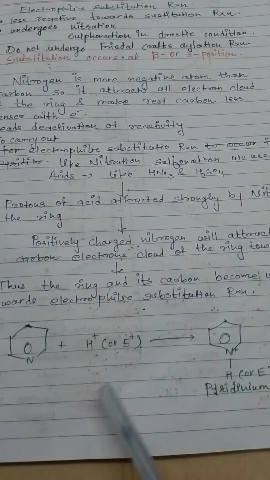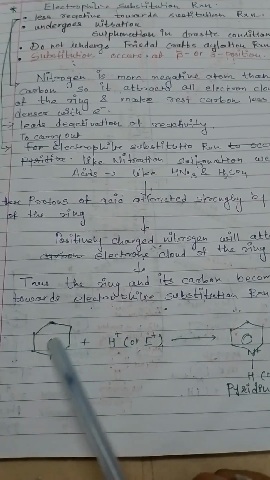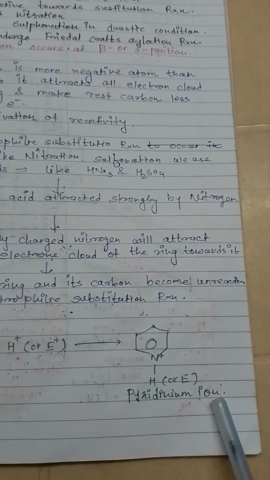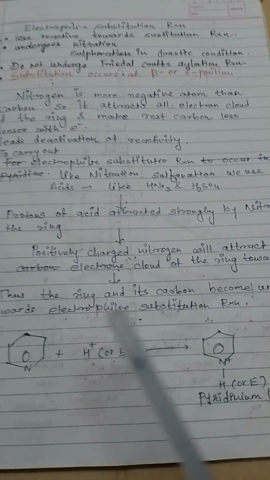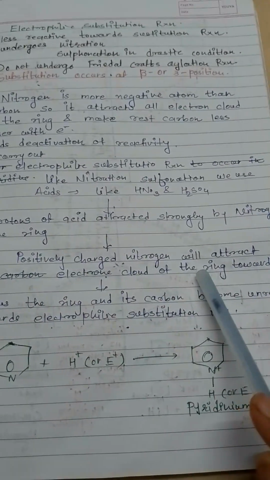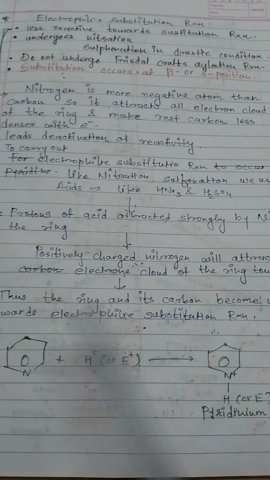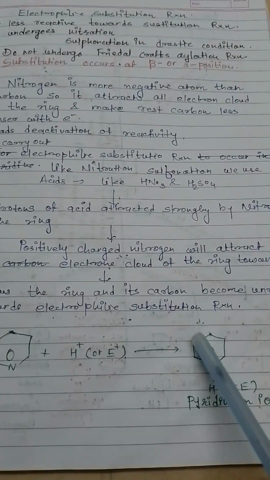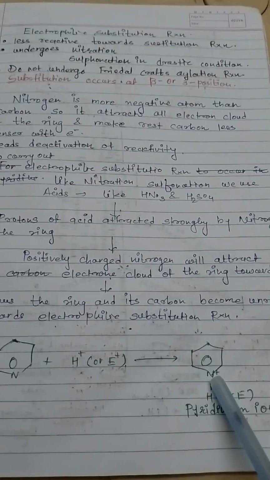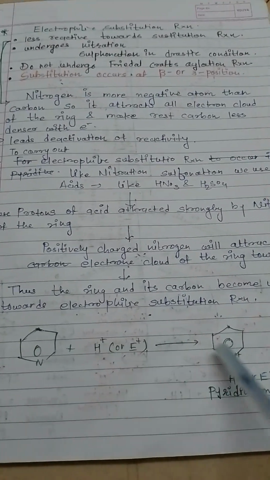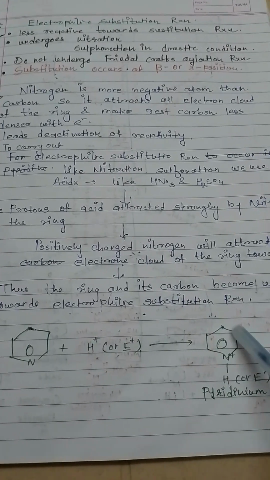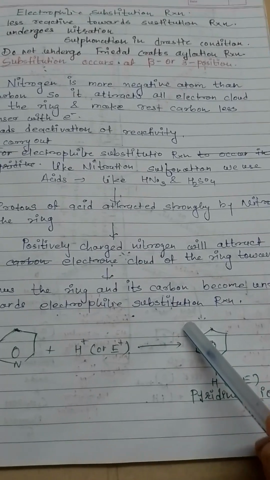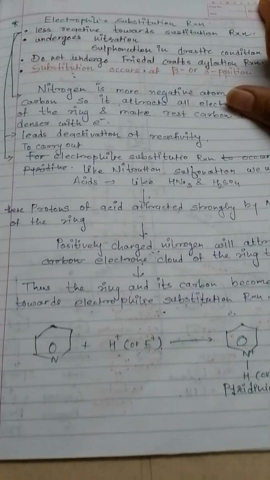So this H plus and this nitrogen will react with each other and form the pyridinium ion, right? This positively charged nitrogen will attract the electron cloud towards it, and that's why again all the carbons become less reactive, slightly positive and less dense in electrons.